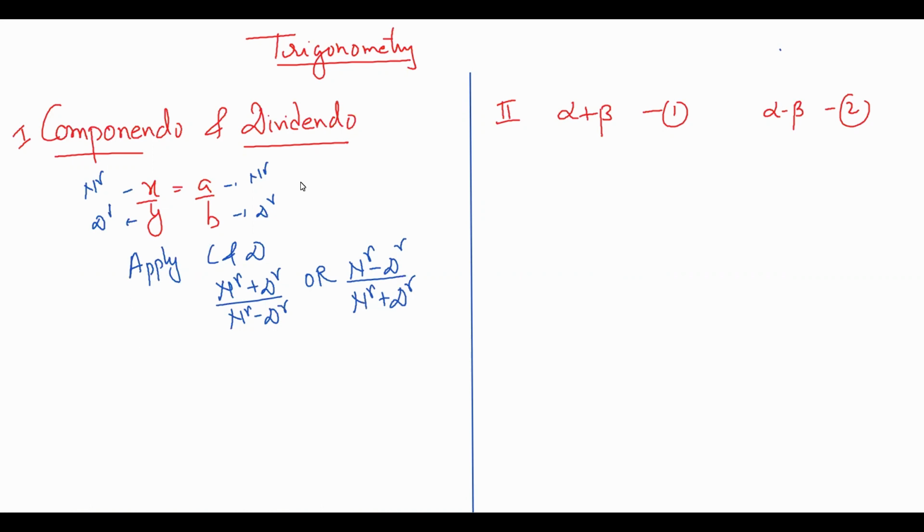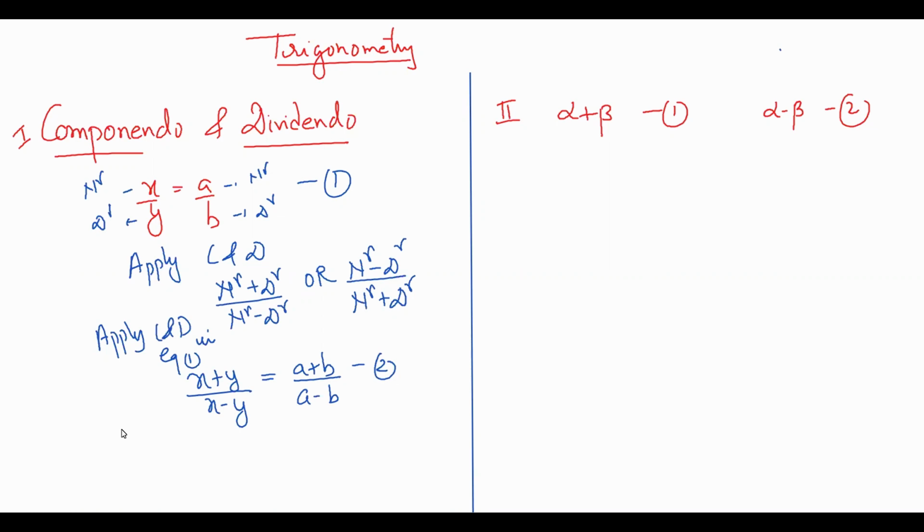Now if I apply C and D in equation 1, I get numerator plus denominator upon numerator minus denominator on the LHS, and numerator plus denominator upon numerator minus denominator on the RHS. Now what else do we get from here? If I apply componendo and dividendo again on equation 2, then I'll reach back to equation 1. How?